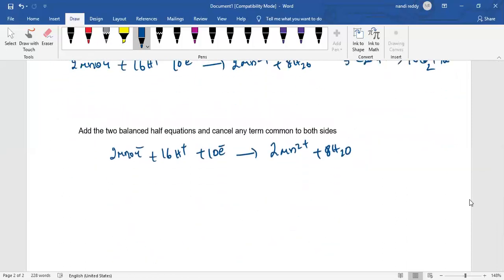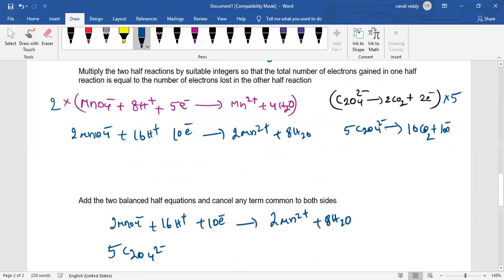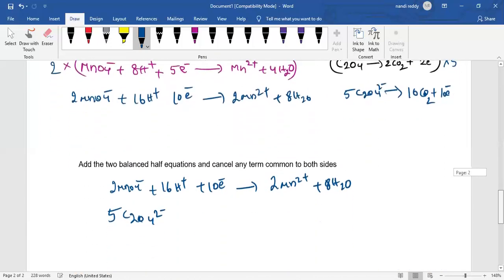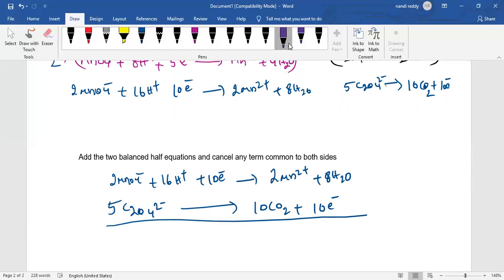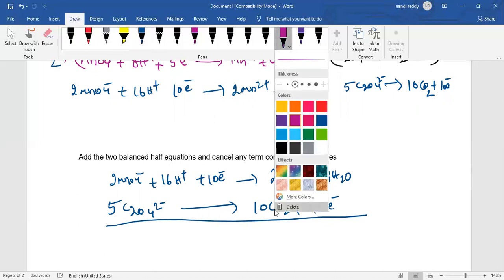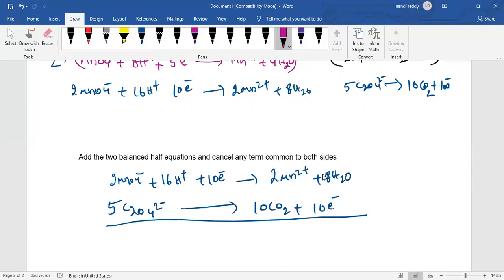Here 5 C2O4 2 minus, just adding the above equations only, gives rise to 10 CO2 plus 10 electrons. Now add both equations. The 10 electrons should be cancelled. Check it: 10 electrons will be cancelled here, and here also 10 will be cancelled. What is the remaining here?